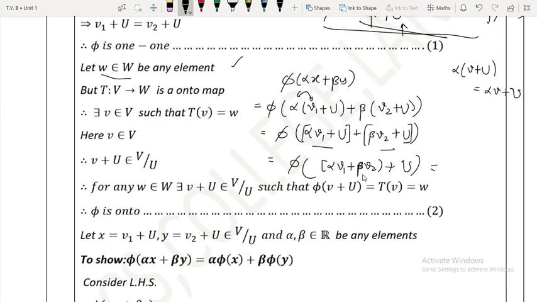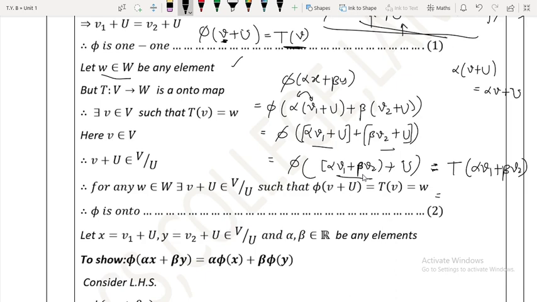Now we have to use the definition of phi. See how phi is defined. Phi of v plus U is equal to T of v. Whichever representative is there, we simply take the image of that under T. Here our representative is alpha v1 plus beta v2, so this will be T of alpha v1 plus beta v2. Since T is already a linear transformation, this will be alpha times T of v1 plus beta times T of v2.